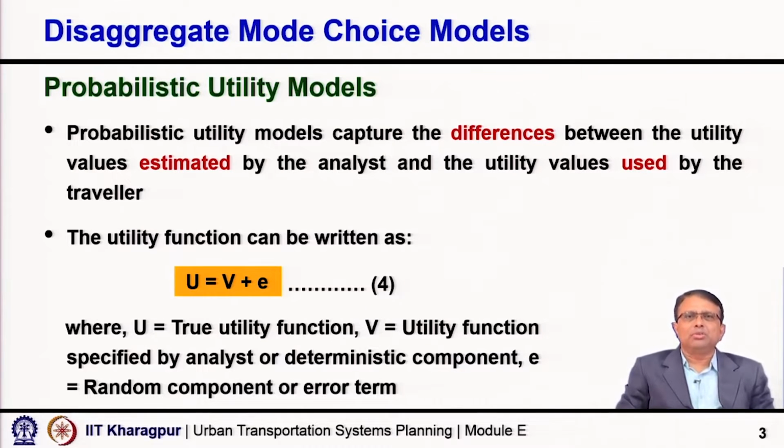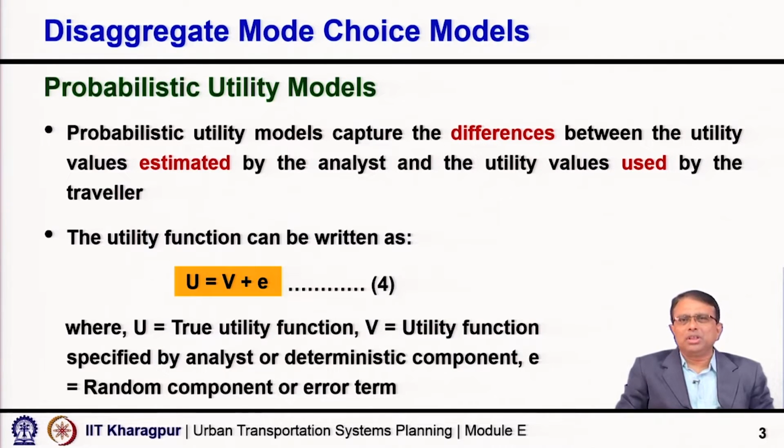In the probabilistic utility model, we try to capture the difference between the utility value as estimated by the analyst using his or her utility equation, and the utility value used by the traveler. In each of the multiple examples we gave earlier, you have seen that there is an error term.